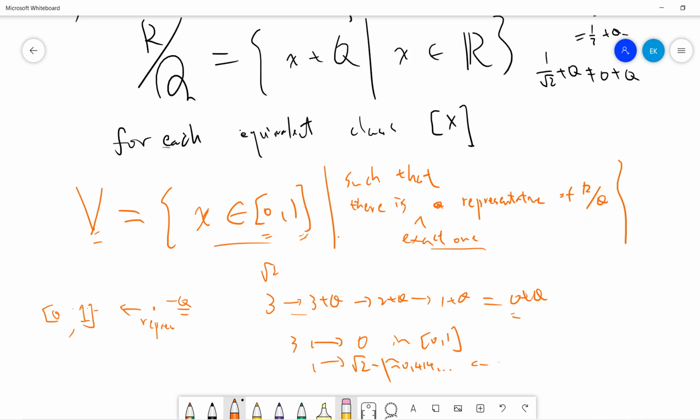I collect all of these representatives, with the assumption that there is exactly one representative of each class of R mod Q. For example, 1/2 plus Q is the same as 0 plus Q, but I delete 1/2 because 0 is already inside V. If I choose 0, then I cannot choose 1/2. Hopefully it's clear: V contains exactly one representative of each class of R mod Q, always chosen in 0 to 1, and I collect all of these representatives.